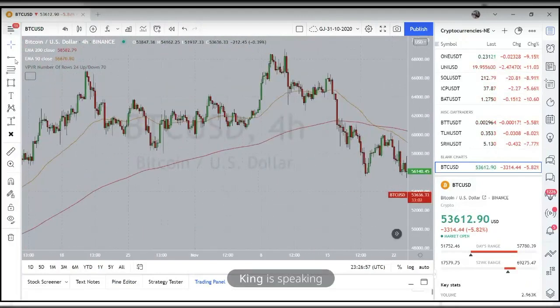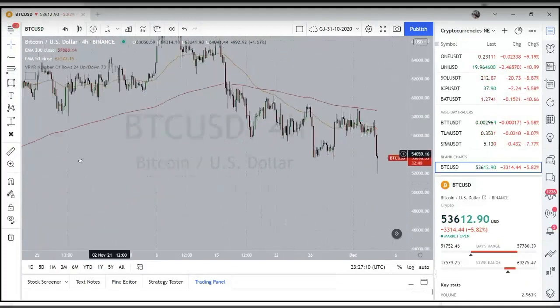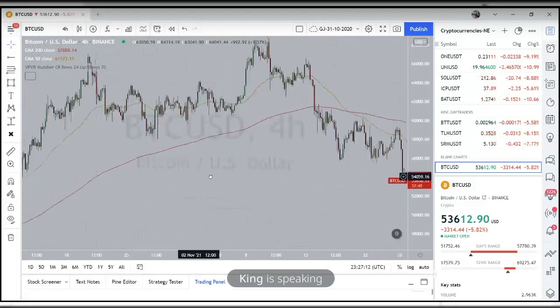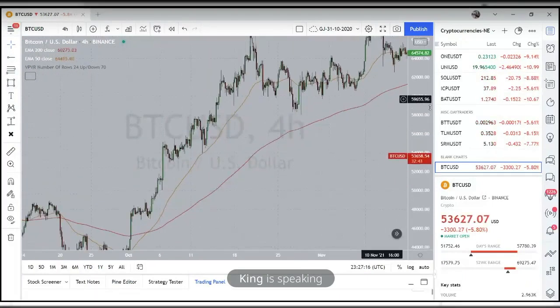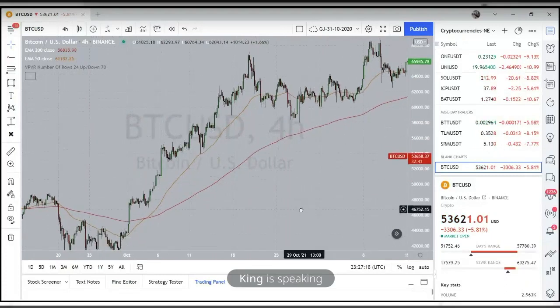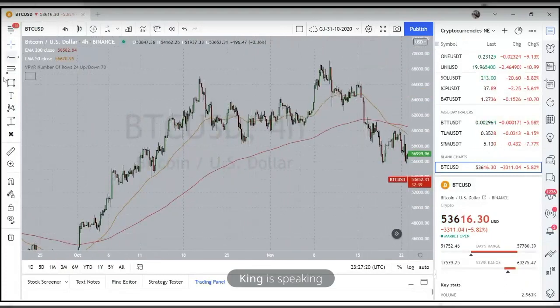Here we came back above and it continued using this as support and made a new high. We came back off that high and we had a swing failure. So this is a trend change.